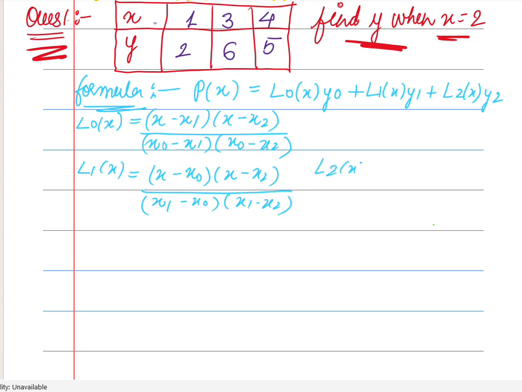And for L2(x) it is (x minus x0)(x minus x1) divided by (x2 minus x0)(x2 minus x1).